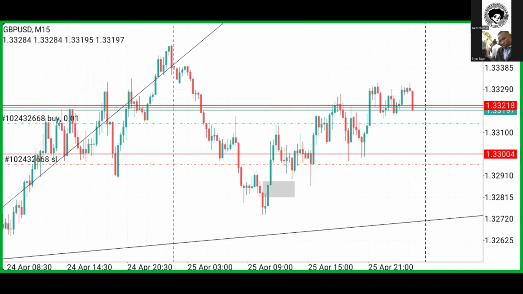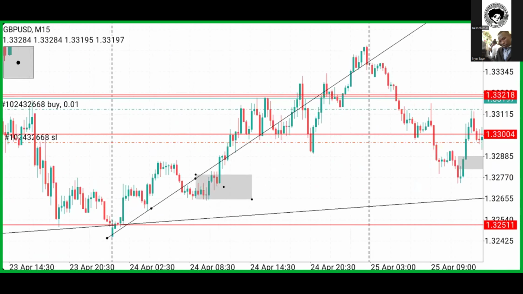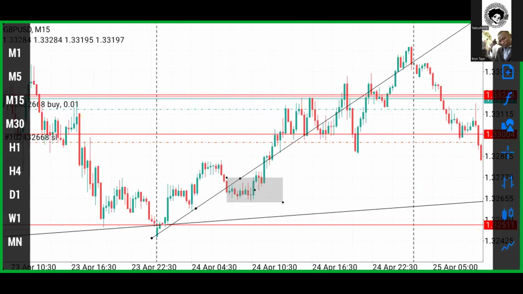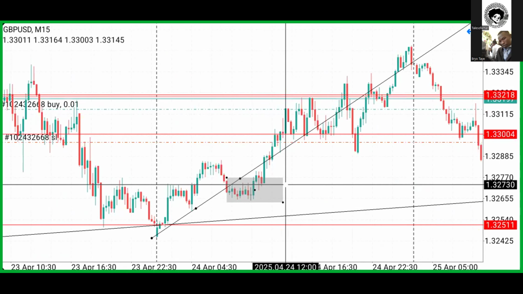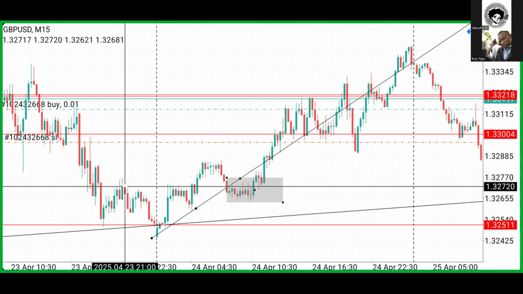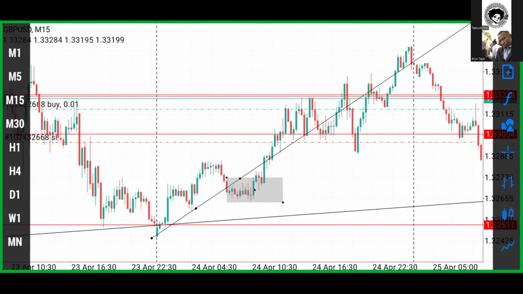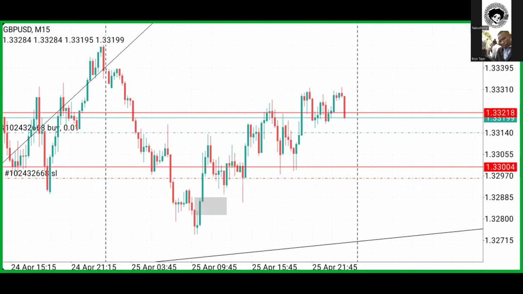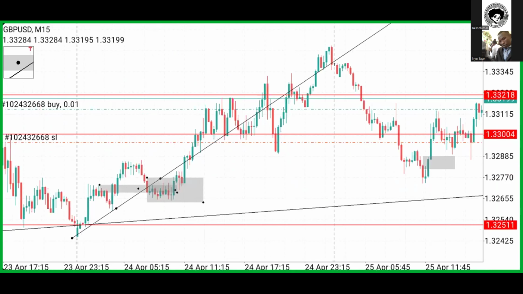Here I'm going to show you the reasons also. Now I considered these double tops you see on the left here and here. Yeah, that is resistance, which turns into support here. I took from this area.